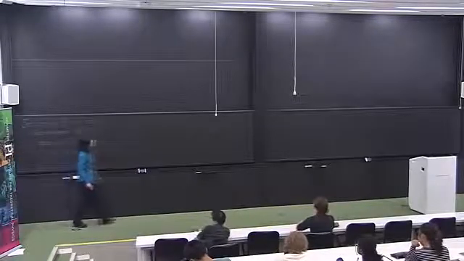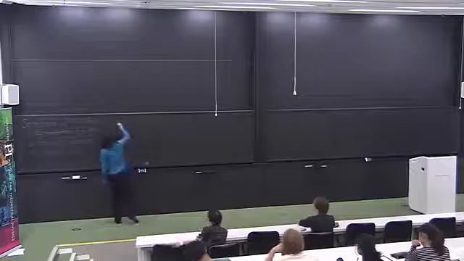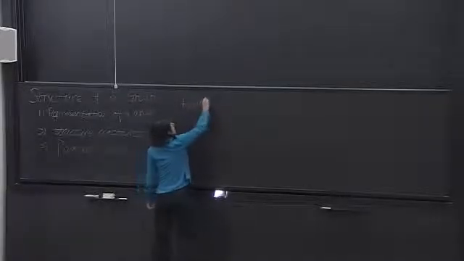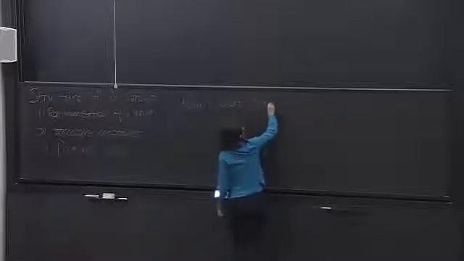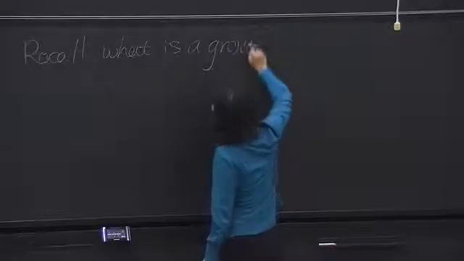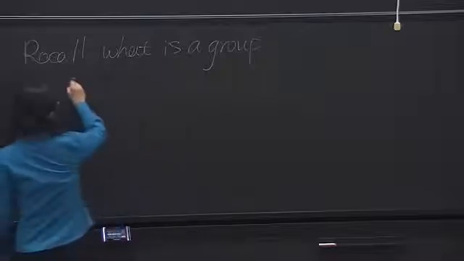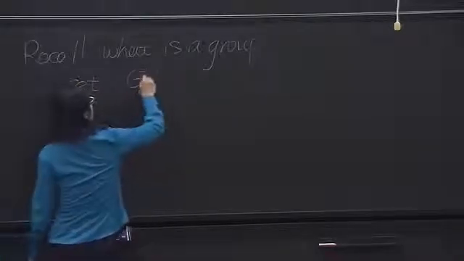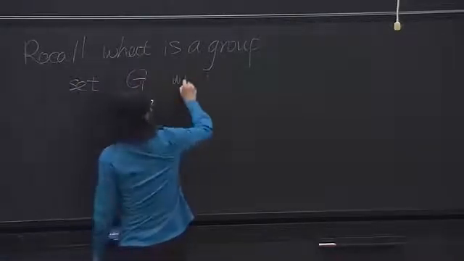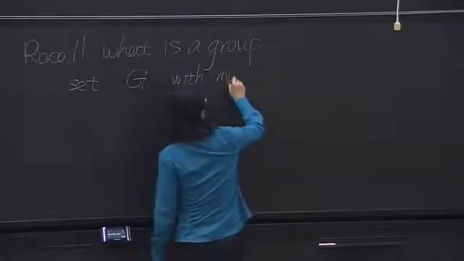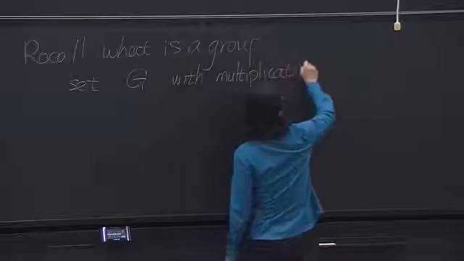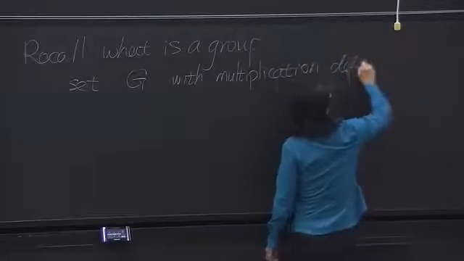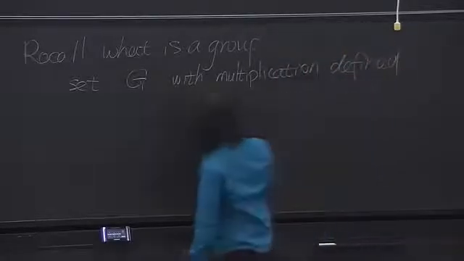And as a start, I guess we should recall what is a group. Well, remember a group is a set G with some multiplication defined, which is just a binary operator, that satisfies some axioms.